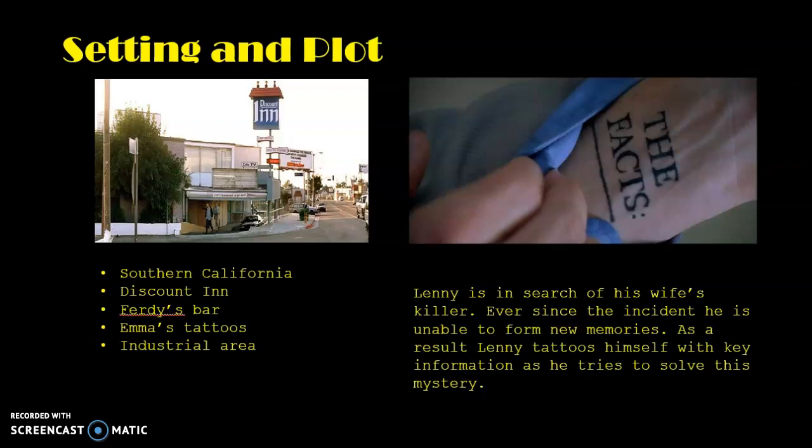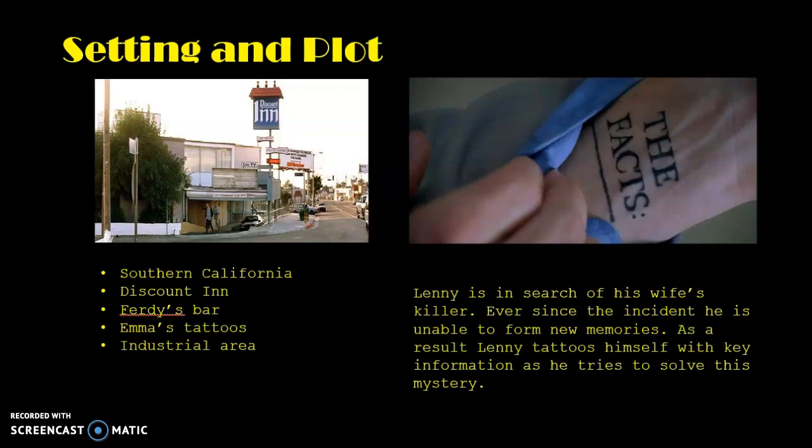So our main protagonist, his name is Lenny, and he's in search of his wife's killer. The interesting thing about that, though, is that ever since his wife died, Lenny has no ability to form new memories. So to combat this, he tattoos key information about his wife's murderer on his body, so that whenever he forgets, he has all these tattoos that he can refer to.